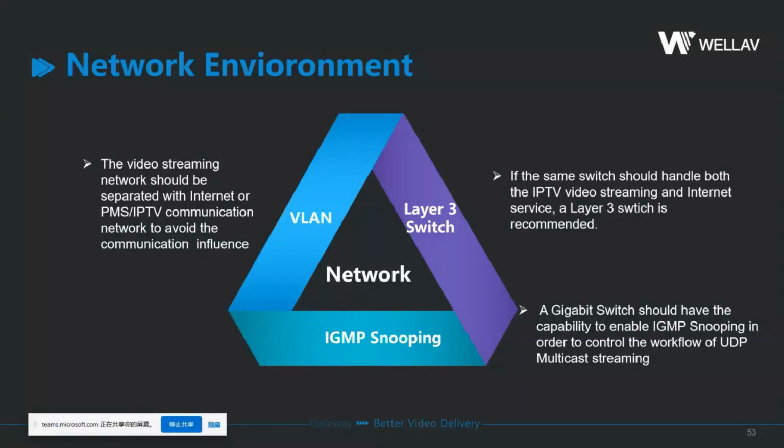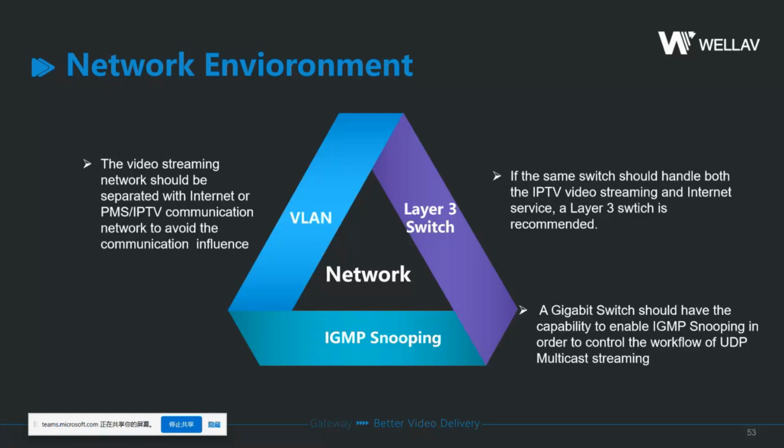That's the reason why a lot of hotels, in order to reduce the total expenditure of the initial deployment, widely use UDP multicast streaming for such IPTV projects. But in order to deploy it, especially in UDP multicast streaming mode, we have to make sure that the network switch can support IGMP snooping.